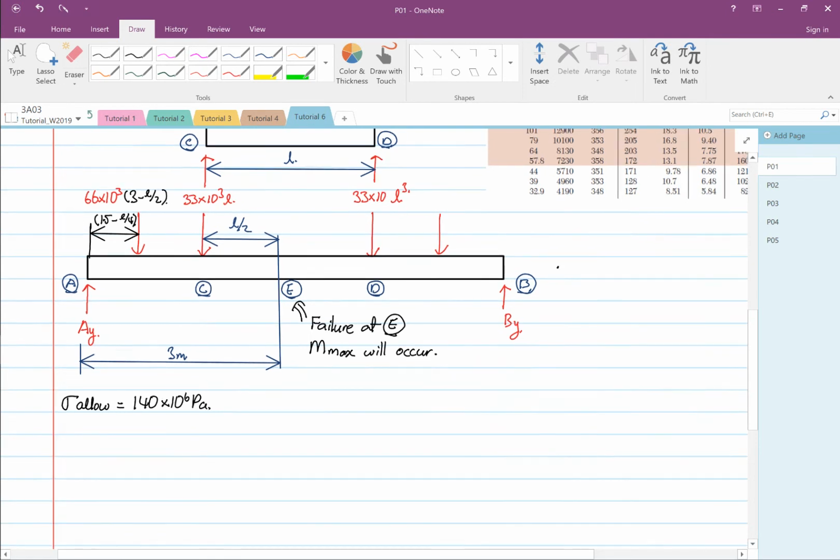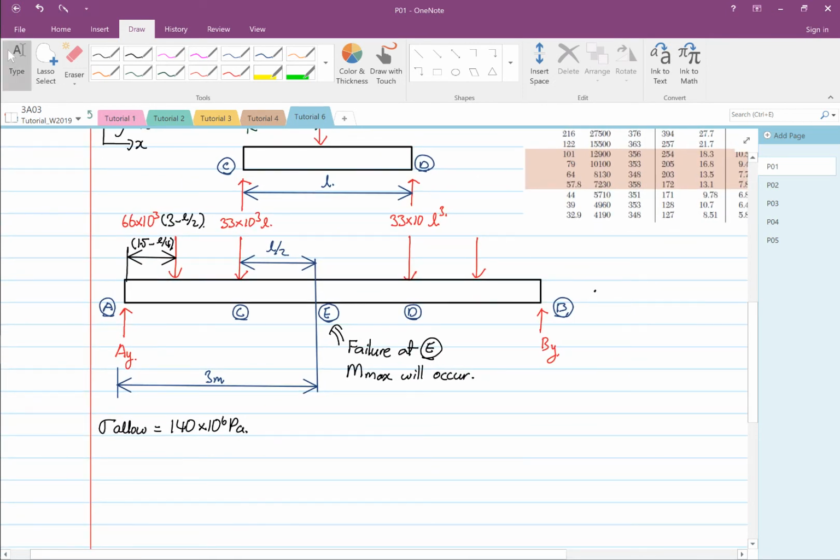With this information, we have to find the maximum moment. For this case, we're going to use the allowable stress, which is also equal to the maximum stress, and this will be equal to M max divided by S min.